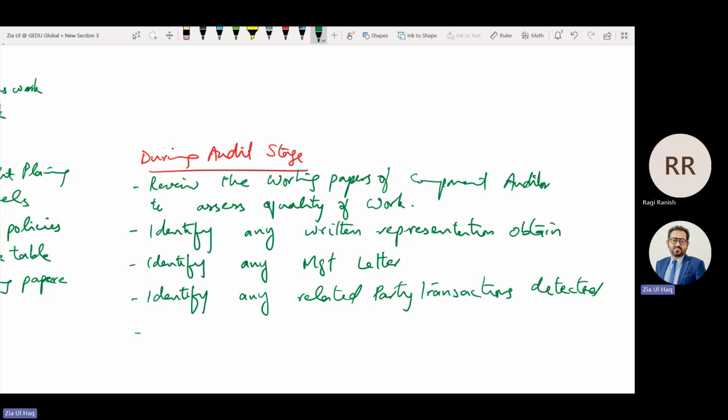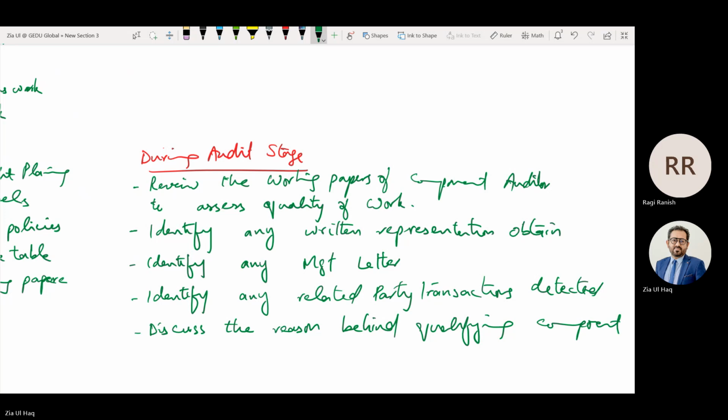And if he has qualified the audit opinion for component, meaning subsidiary financial statements, we need to discuss the reason behind qualifying component audit opinion, so that from consolidation point of view, we can see whether that misstatement is material from consolidated financial statement point of view or not.